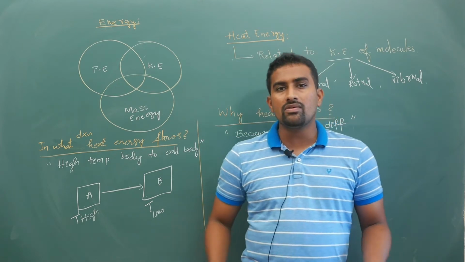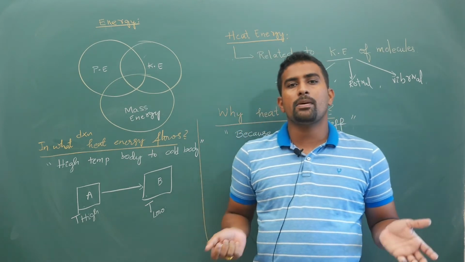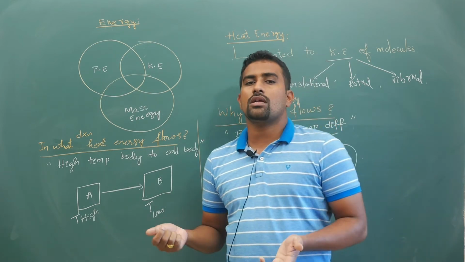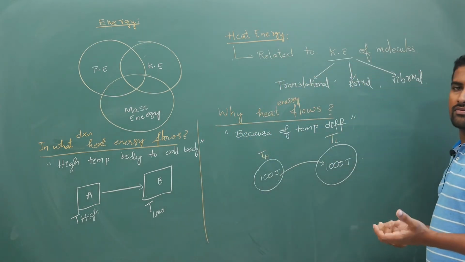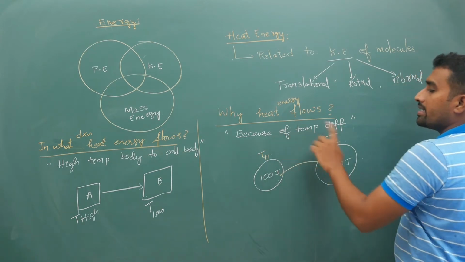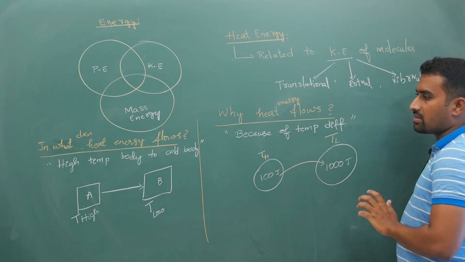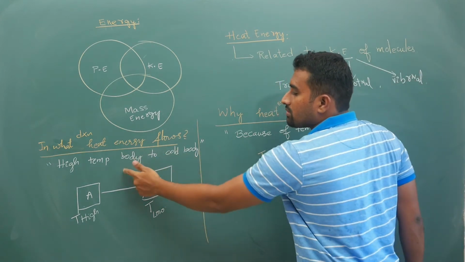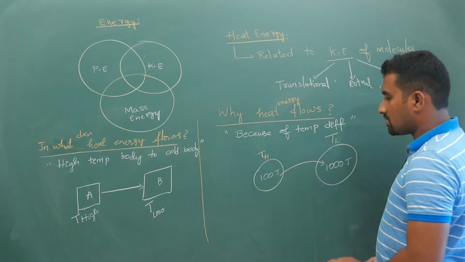That kinetic energy will be distributed into different parts of the body. As a result, stability will be attained by transferring the energy. So ultimately, heat energy flows because of temperature difference, and it flows from the high temperature body to the low temperature body.